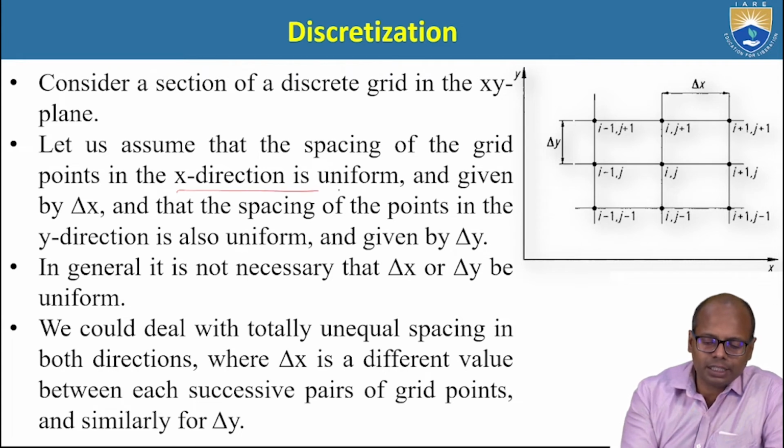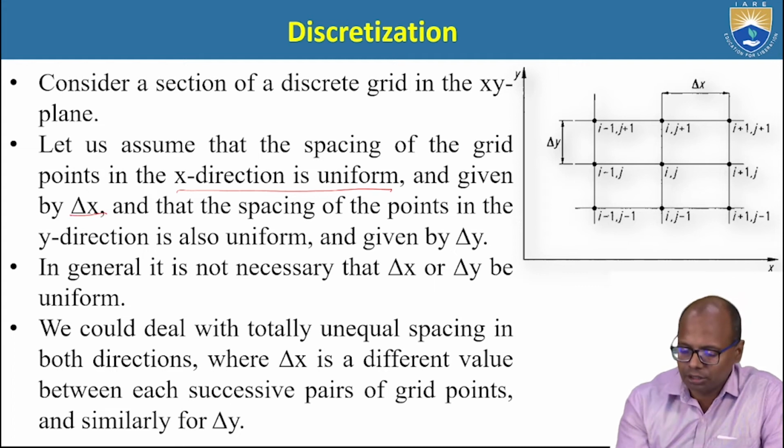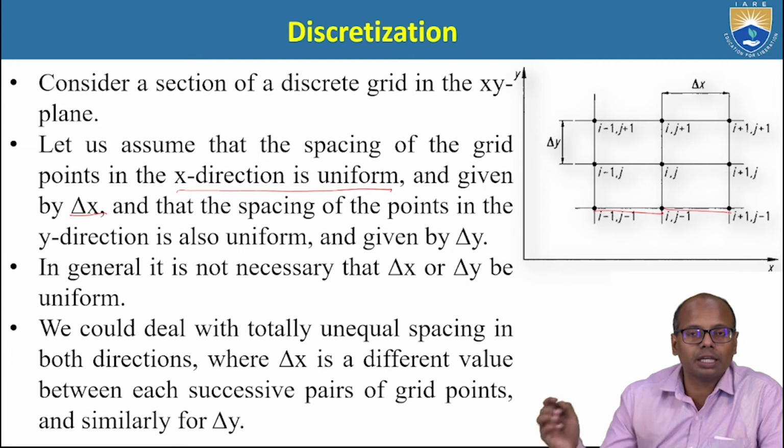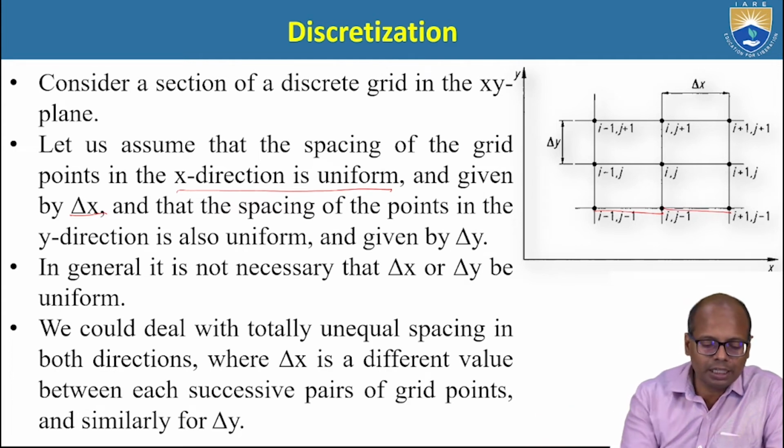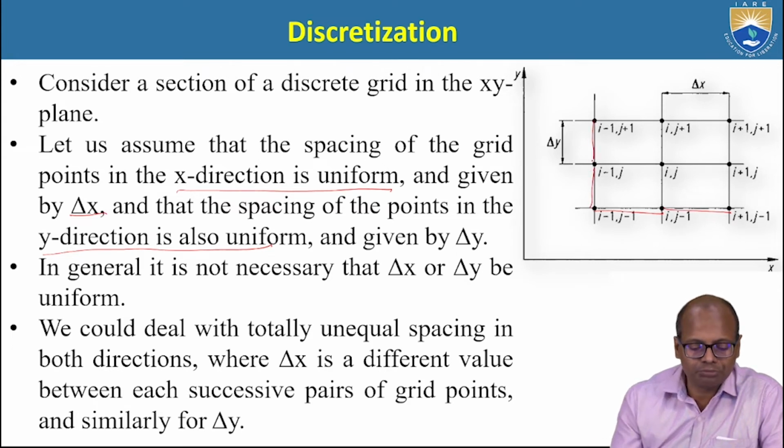The x direction is uniformly divided by a value of delta x. From here to here it is delta x, here to here it is delta x, like that. Similarly, in the y direction it is divided by delta y.